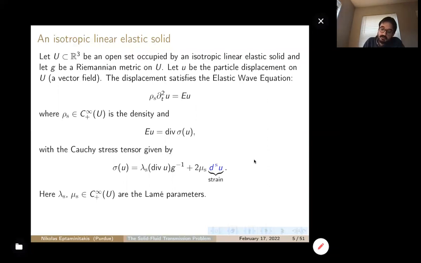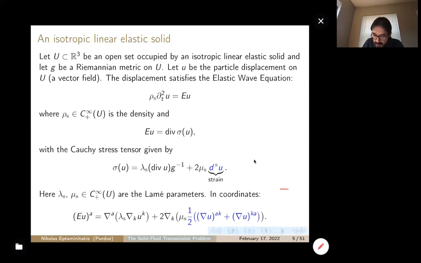Now, the strain is the familiar symmetric differential from tensor tomography, except in tensor tomography, we usually think of the symmetric differential as acting on a covector field. Here it's of a vector field. In coordinates, it takes this familiar expression over here, except usually in tensor tomography you would have lower indices for your symmetric differential.